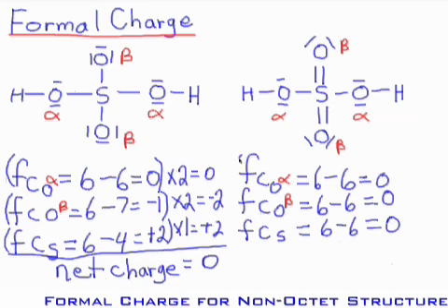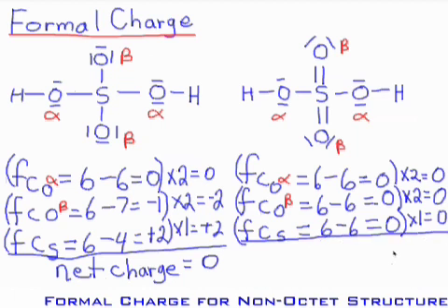Now each of these oxygens is times 2. Well, that equals 0. And because there's just one sulfur, it's times 1. Again, that's 0. And so we had 0, 0, 0. Well, guess what?